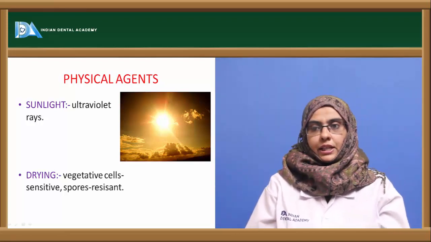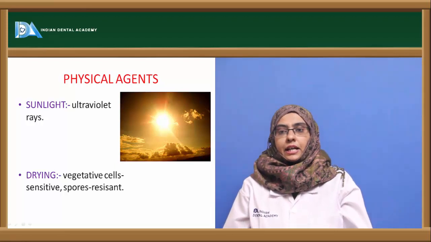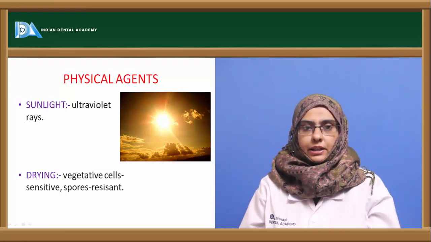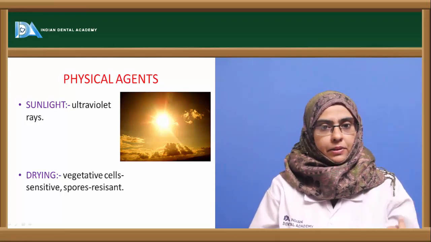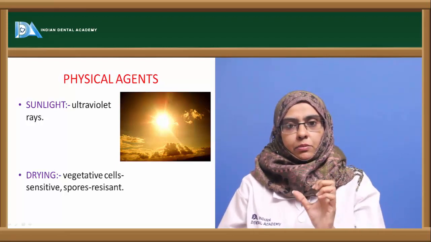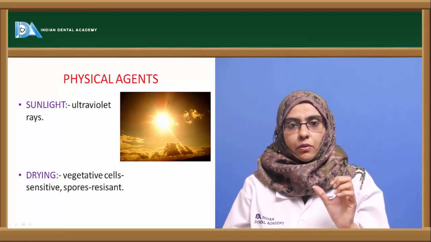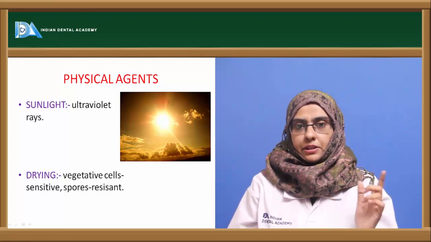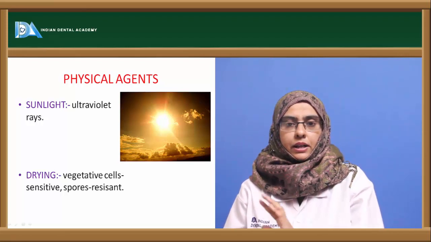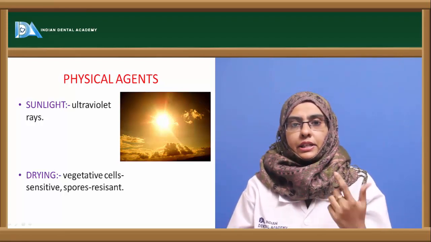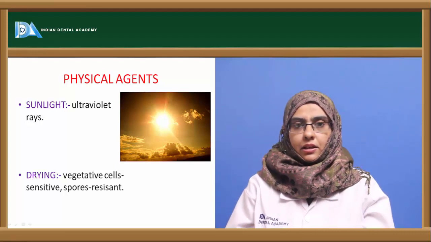The next method of sterilization is called drying. Drying means elimination of water from the organism. As already discussed in the previous topic, moisture is the most important component of a particular organism. The organism is made up of 80% water plus 20% other components. The water is very important to carry out various biological activities inside the organism.